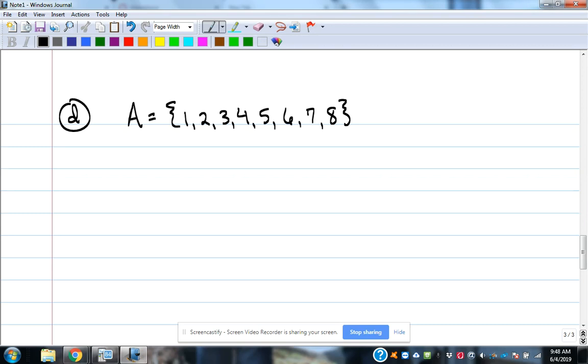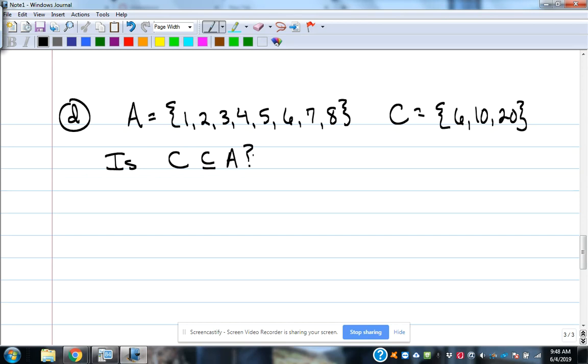So same set 1 through 8 for set A, and let's get a set C that has maybe 6, 10, and 20 in it. And the question is the same question. Is C a subset of A? And I'm using the notation this time to ask that question instead of writing it out.